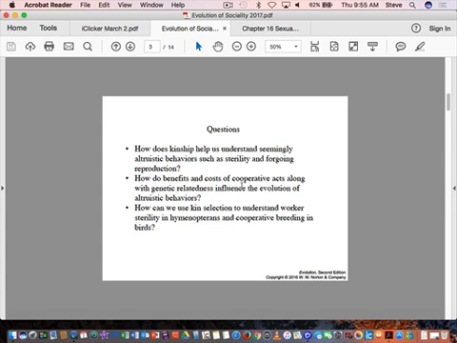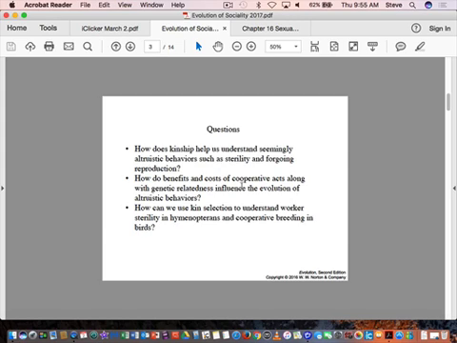A lot of these things have workers, right? That do a lot of the work in the colony that never reproduce, and there are other reproductives that do it. So we're going to talk about worker sterility in hymenopterans, and then an example of what's called cooperative breeding in birds, where there are individuals at the nest that aren't producing any of the eggs, but they're helping to raise the offspring, defend the nest, all these sorts of things, and we're going to try to understand these things.